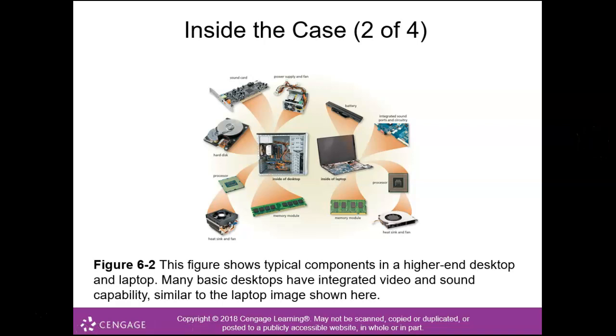Recall that the term system unit is the case that protects a motherboard, the hard drive, the memory, and other electrical components. Some desktops have a tower. We discussed how some computers are all-in-one, with the display and the electronics in the same space.